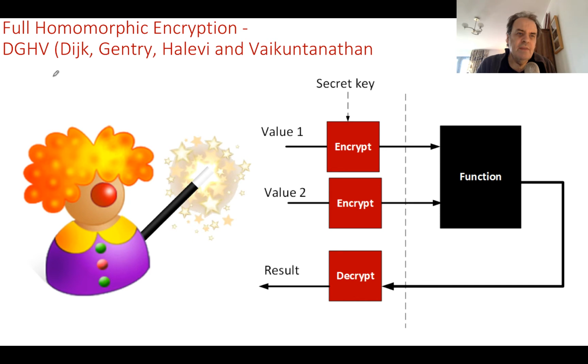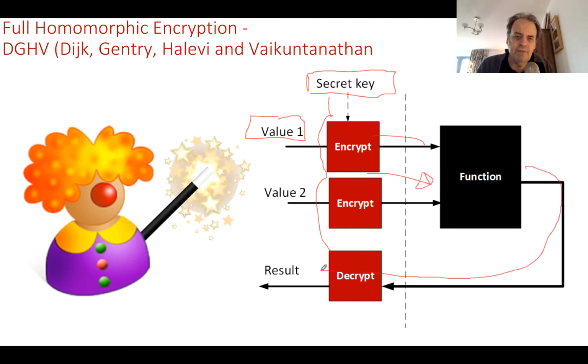With the DGHV method, presented by Gentry et al., we have our values and a secret key, and we can cipher each of the values and put them into some function, and we get a cipher output which can be given back, and we use the same secret key to decrypt the value again.